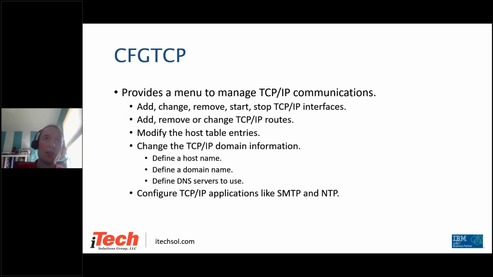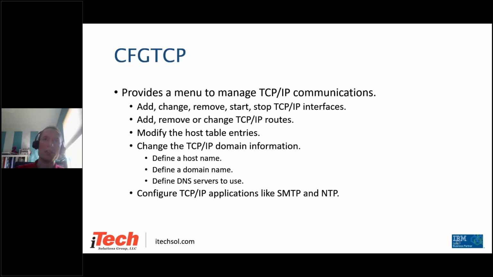CFGTCP, and this provides a menu to manage TCP/IP communications. This is one that you'll be using quite a bit to manage any of your TCP/IP communications on IBM i. So it gives you a lot of menu options, which we'll see here in a second. Add, change, remove, start, stop TCP/IP interfaces.